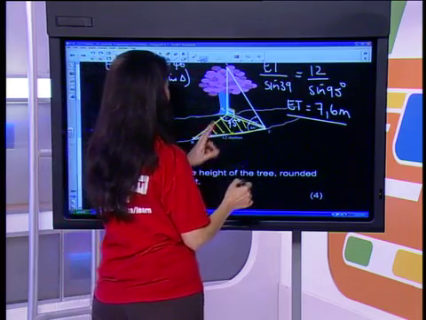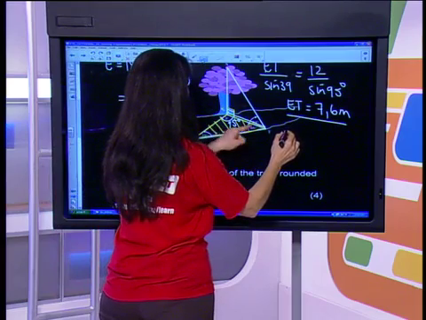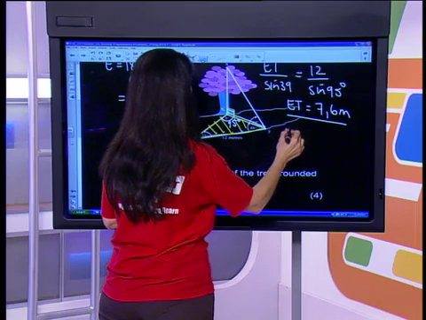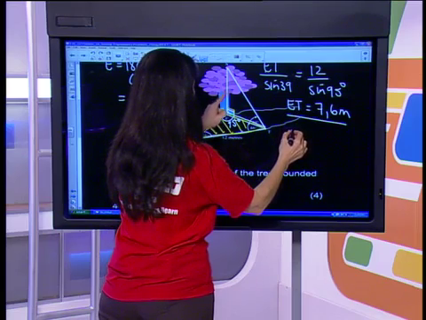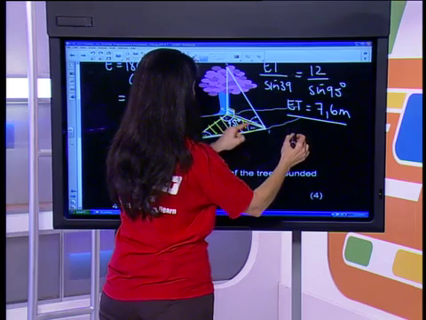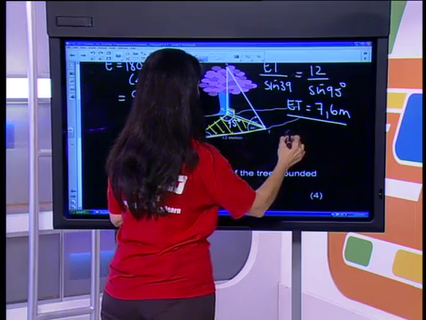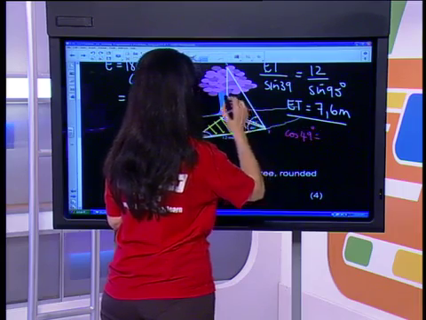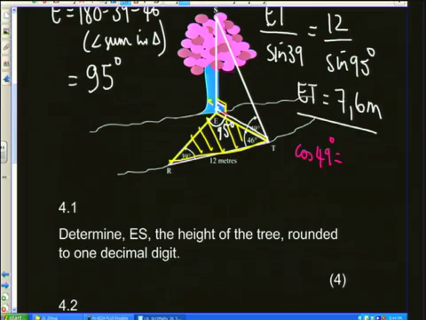So let's keep going. In triangle SET, this length is what we want to know. It's opposite 49, and this distance is adjacent. So the cos of 49 is equal to adjacent, which is the side we've just found, 7,6, divided by, no, it's not cos 49, it would be tan, because this is adjacent and that side is opposite.